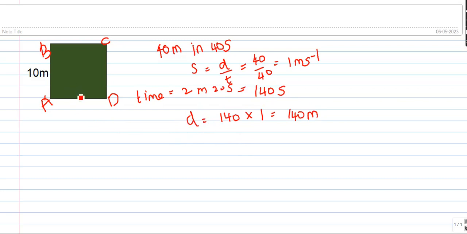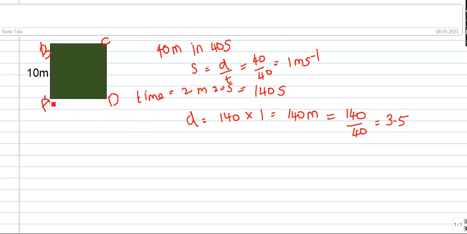So when we say 140 meters, this comes up to 140 by 40, which is 3.5. This means that the farmer goes around 3.5 times around the square field.